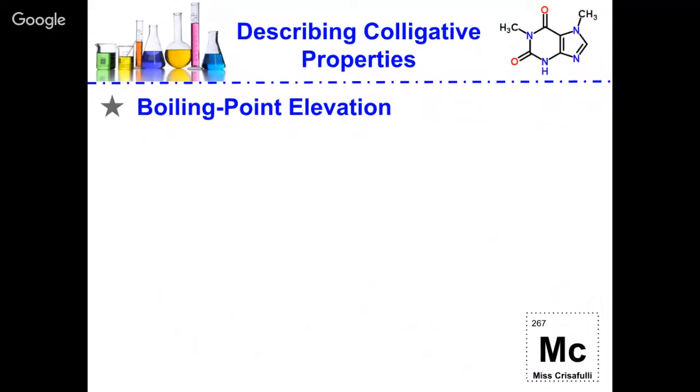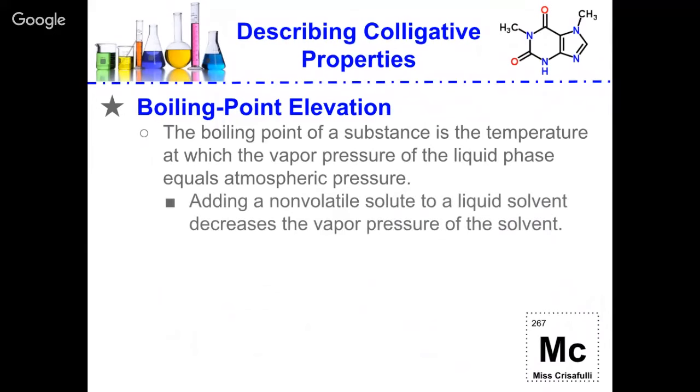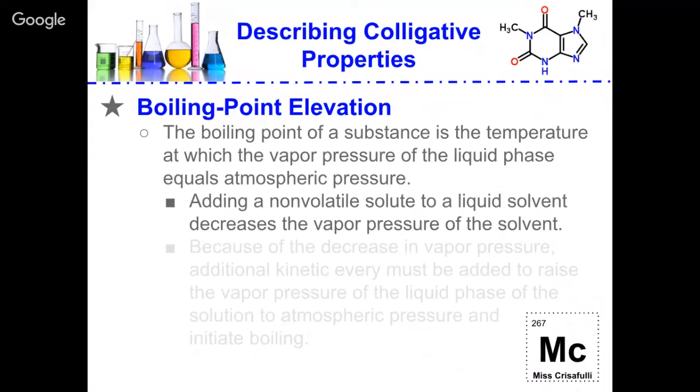Now let's talk about boiling point elevation. The boiling point of a substance is the temperature at which the vapor pressure of a liquid equals the atmospheric pressure. Adding a non-volatile solute to a liquid solvent decreases the vapor pressure of the solvent.